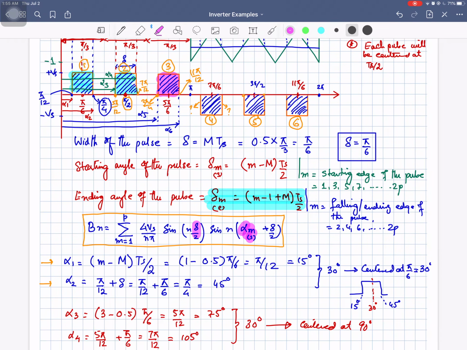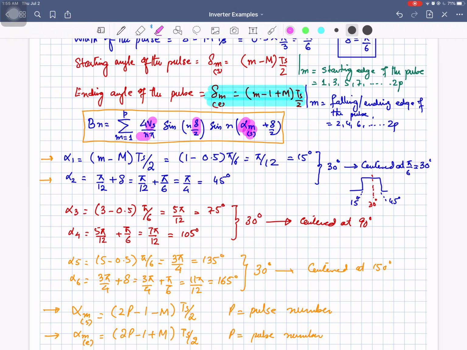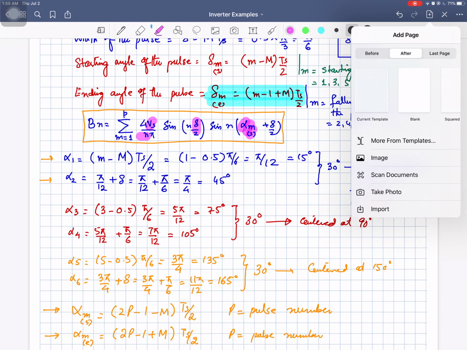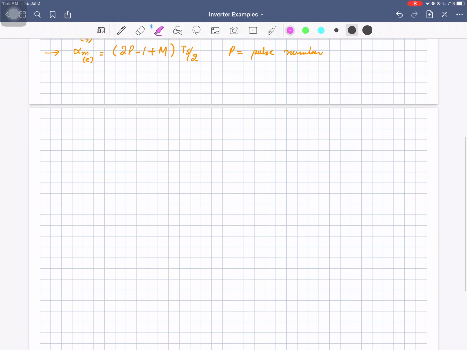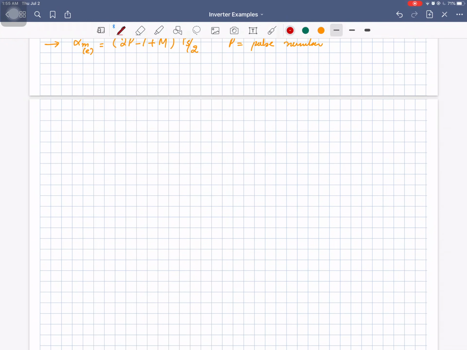So if we get these two values, and the supply voltage level, we can find out the content of any harmonic that is present in this waveform. Okay, so now let's take the Fourier series expression, and then we simplify that one.